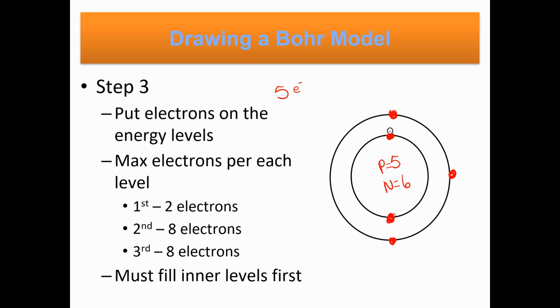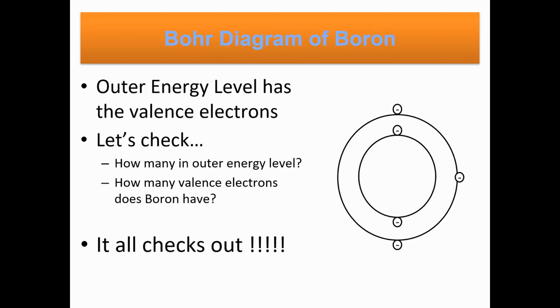Okay, so if we go to the next slide, it'll show you 1, 2, 3, 4, 5. We did it. That's a Bohr model. So moving on, the outer energy level has valence electrons. So these electrons right here are known as your valence electrons.